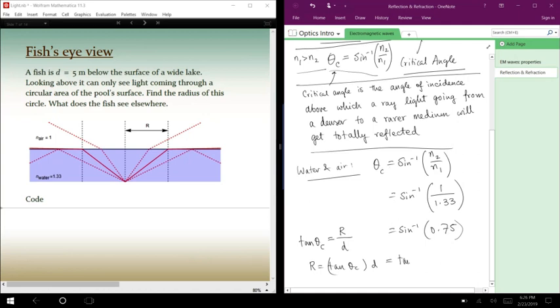So tangent of sine inverse of n2 divided by n1, right? And this quantity multiplied by d, that's our radius of the surface through which a fish that is placed over here can actually see anywhere outside.